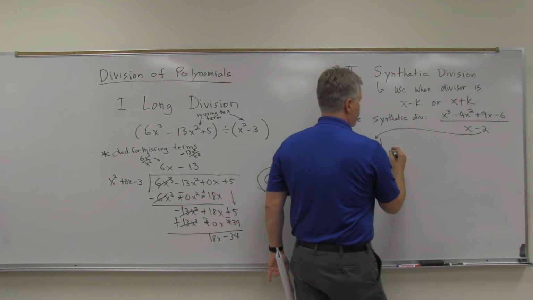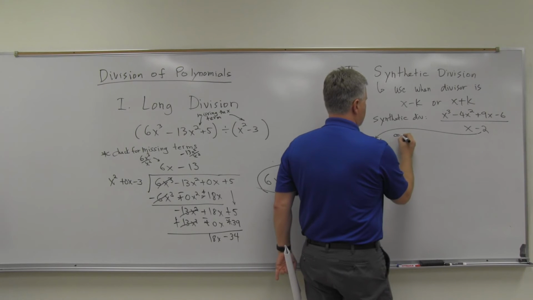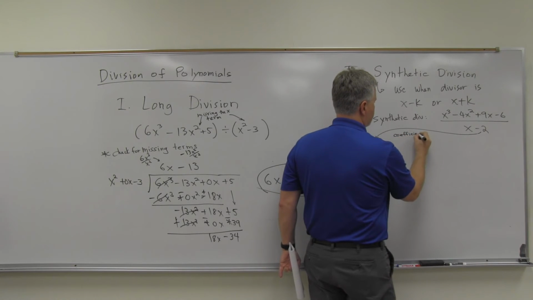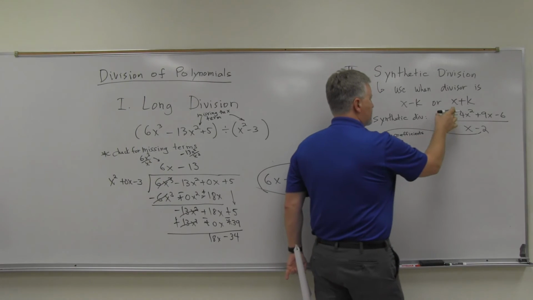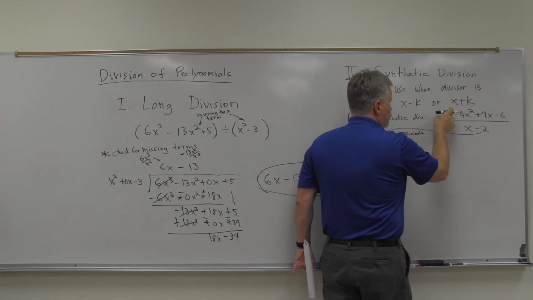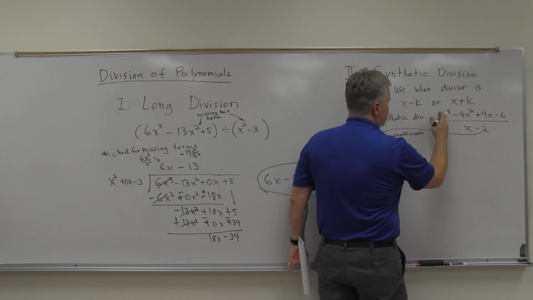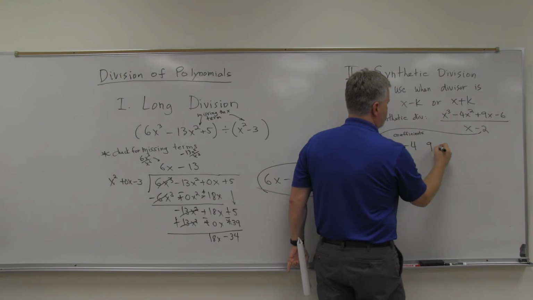Then, alongside that, I put the coefficients of what I'm dividing. So up here, what I'm dividing the x minus 2 into is coefficient 1, -4, 9, and -6.